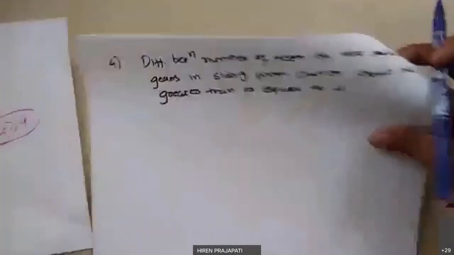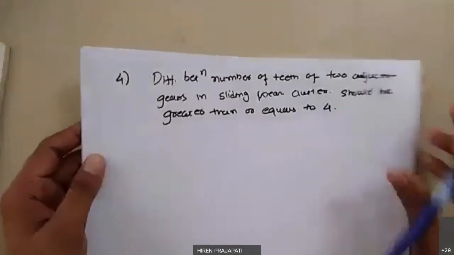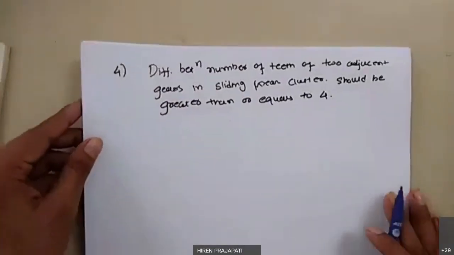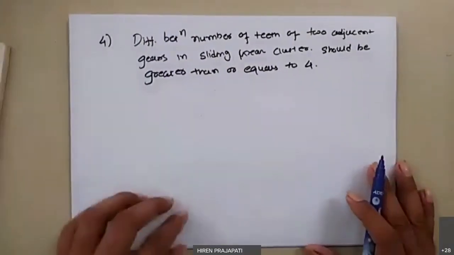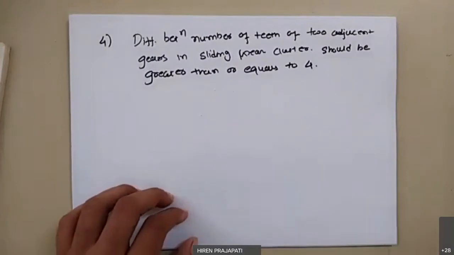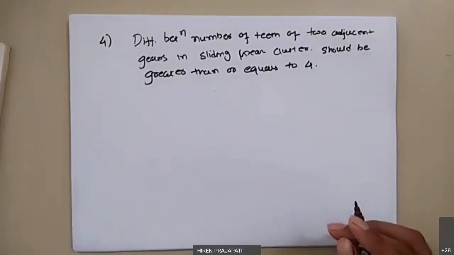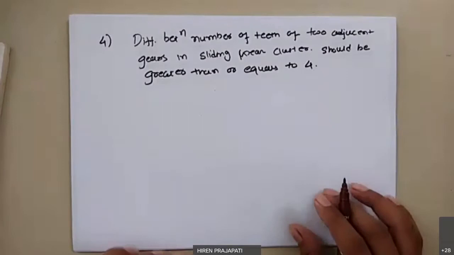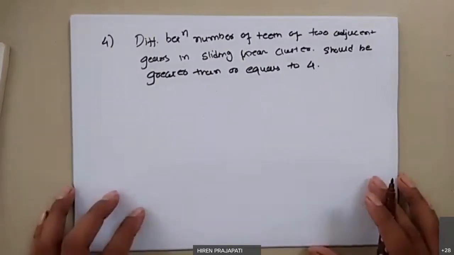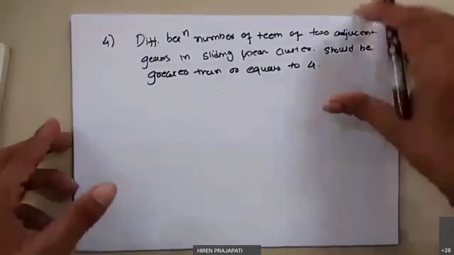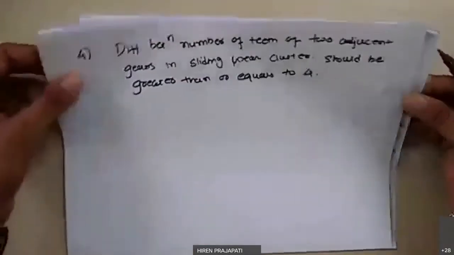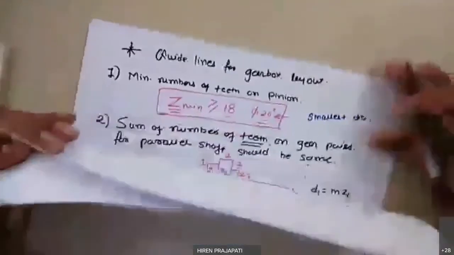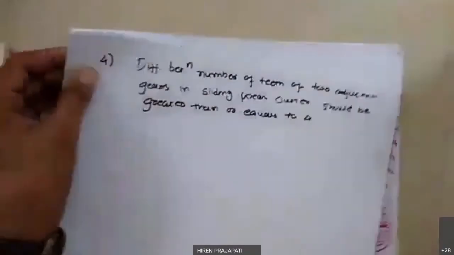How? So let us see why this condition or this guideline is given. To understand that, let us consider one gear cluster, the same which we have drawn. Let me take reference of that only.